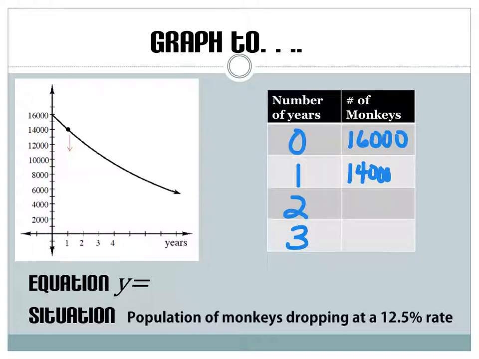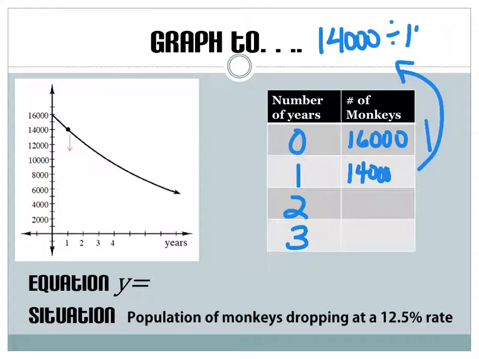So here we have an opportunity to use that division to find the multiplier, term 1 by term 0. We divide 14,000 by 16,000. We know it's shrinking, so our multiplier should be less than 1, and we get 0.875.